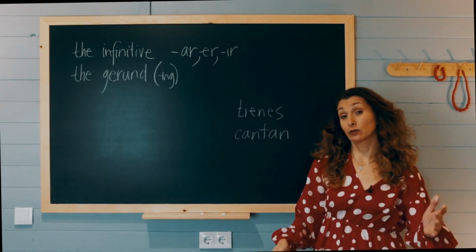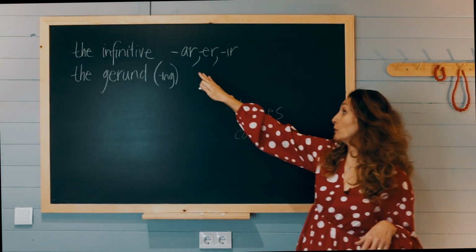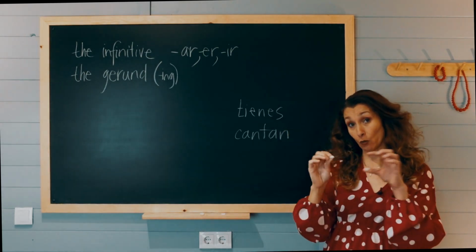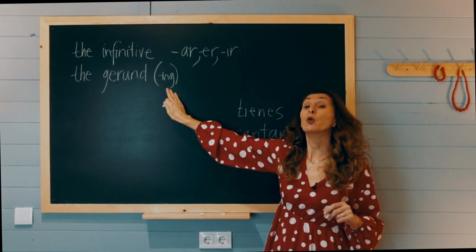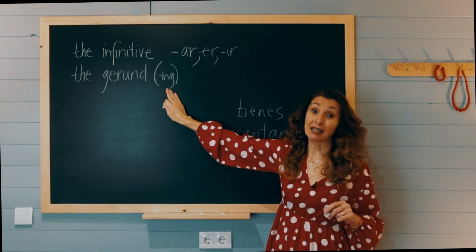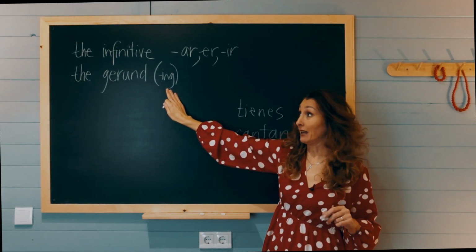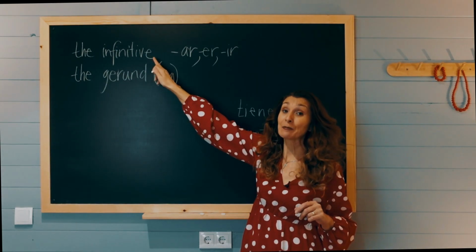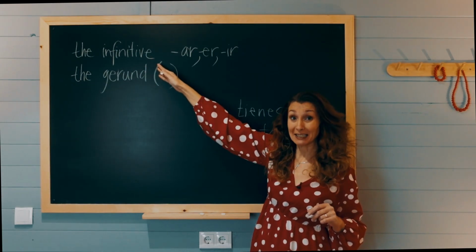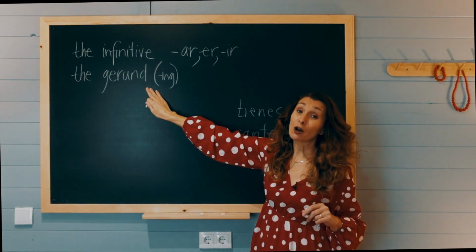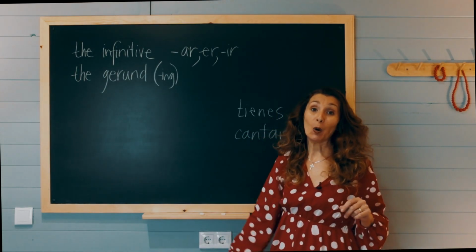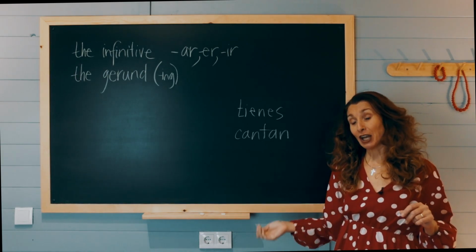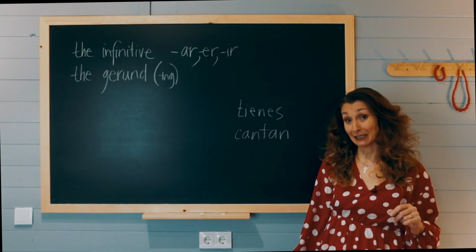So instead of to walk, which would be the infinitive, what we find in a dictionary, we would have the gerund walking. Instead of read, again, read would be the infinitive, the one that we find in a dictionary, the gerund of read is reading, okay? Or buy, the gerund would be buying, okay?